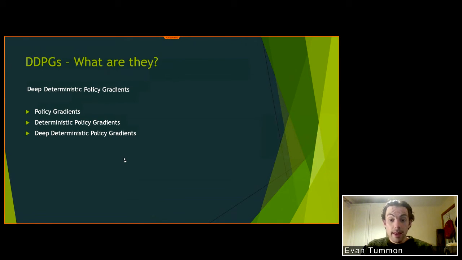Problem is that this brings with it a lot of instability. So DDPGs also use a few techniques taken from DQN networks, and these are the use of a replay buffer and a target network.